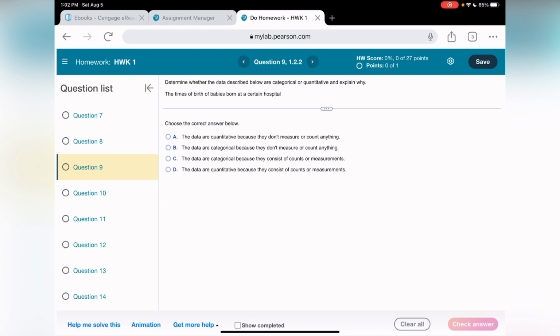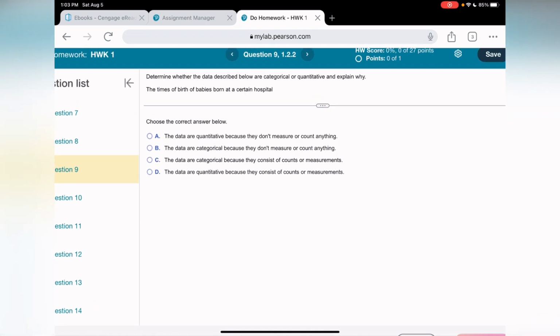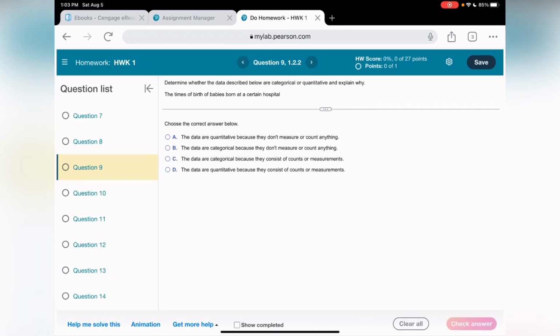That is not true, because we can measure height and weight, and count. So it's absolutely not true. The only case left is D. Let's read what it says: the data are quantitative because they consist of counts or measurements. D.